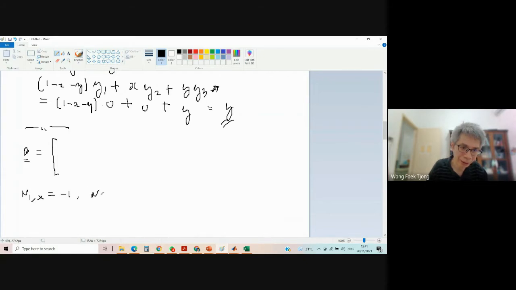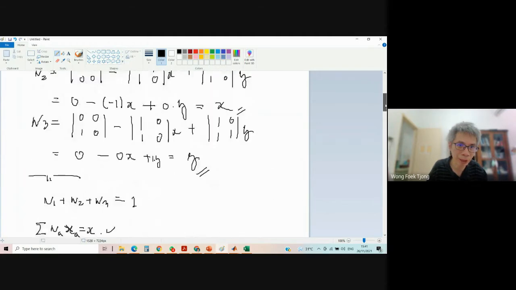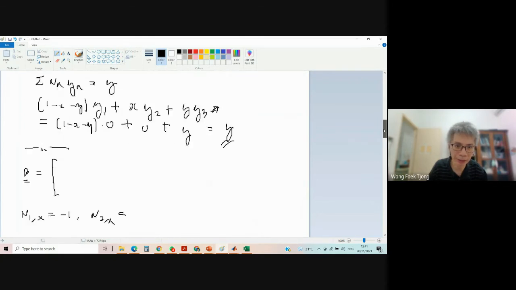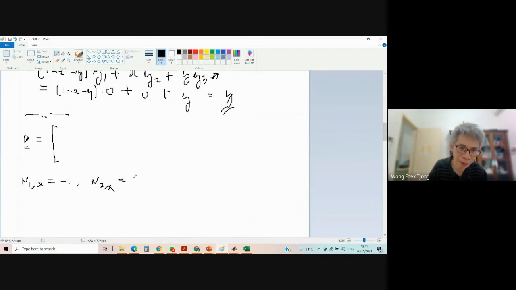And then N2 comma x, what's N2 comma x? The second shape function is x, so of course the partial derivative is 1. And N3 comma x is 0 because N3 is y. Then we also calculate the derivatives with respect to y. N1 comma y is minus 1 also.